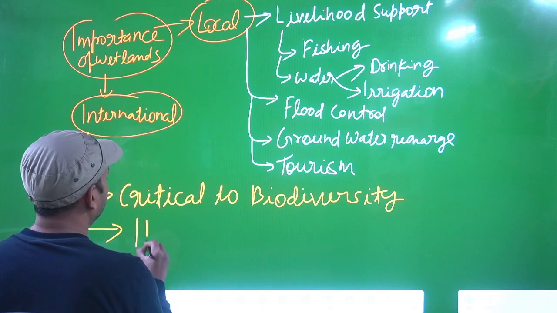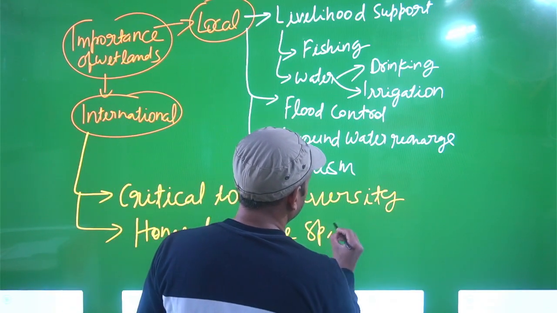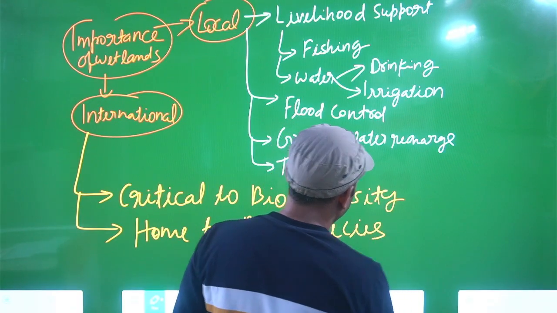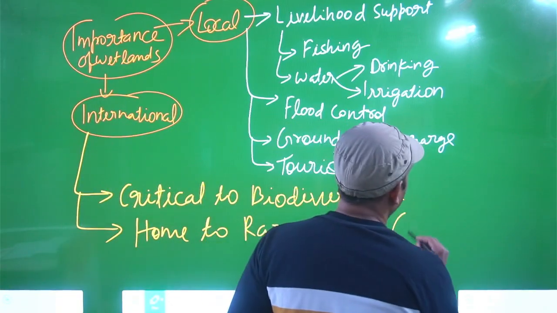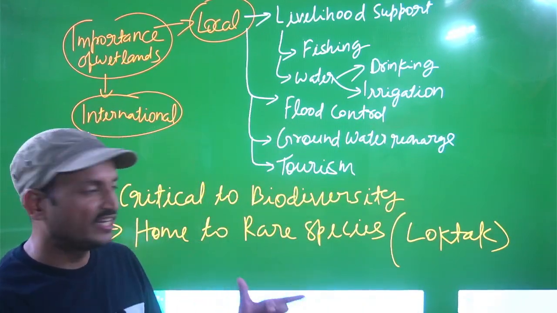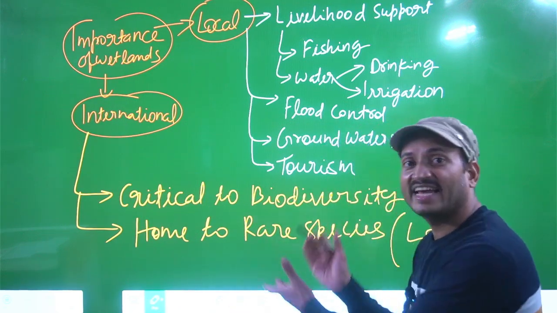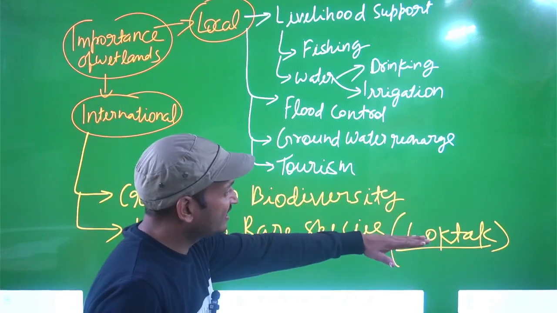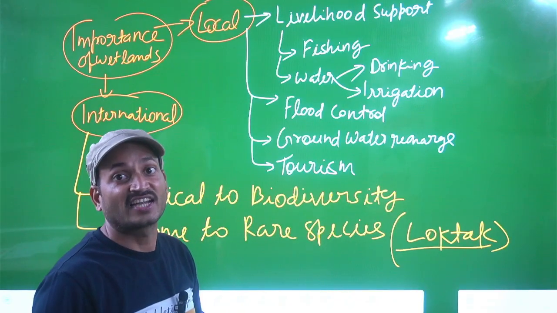Next is home to rare species. Wetlands could provide a home to rare species. For example, if we talk about Loktak Lake of Manipur, then we know the Sengai deer, which is an endangered, rare species, is protected under the Loktak Lake wetland ecosystem.